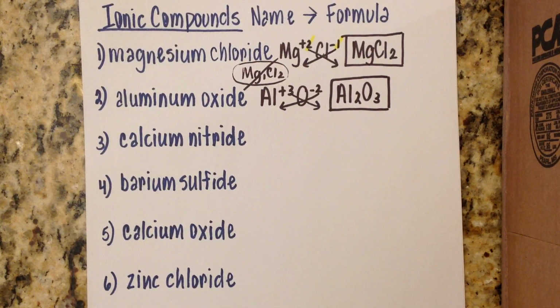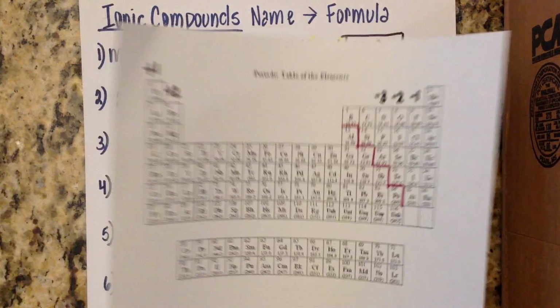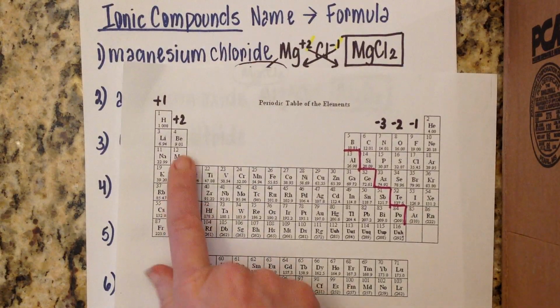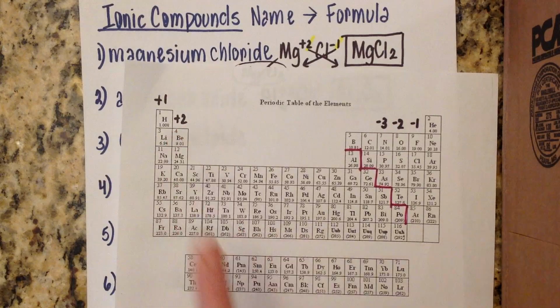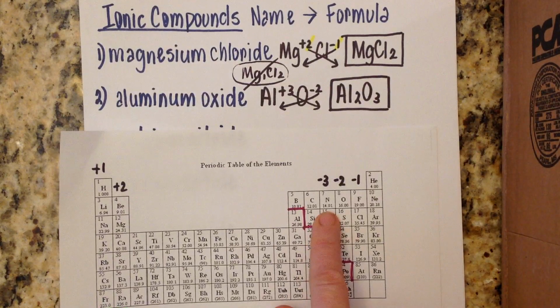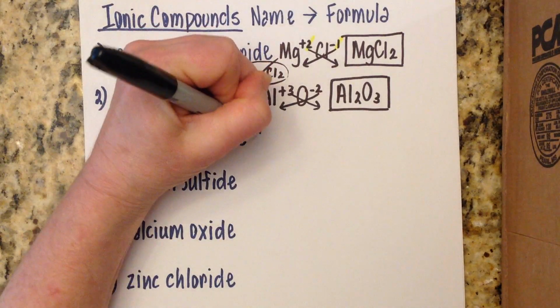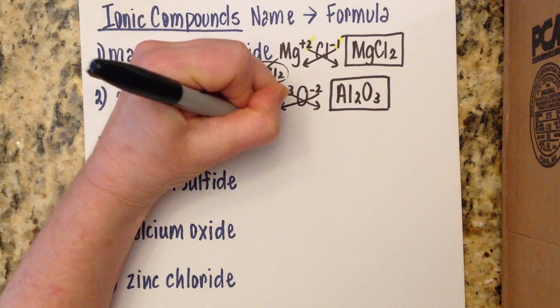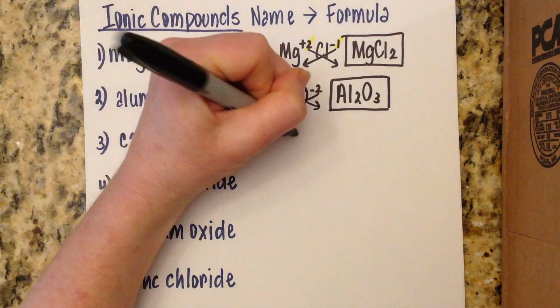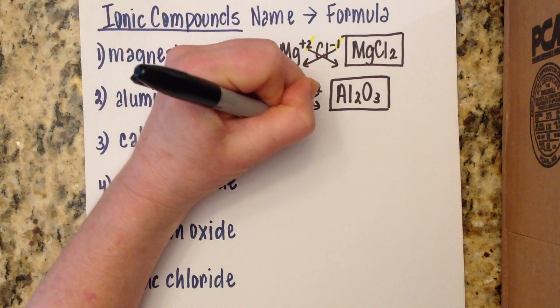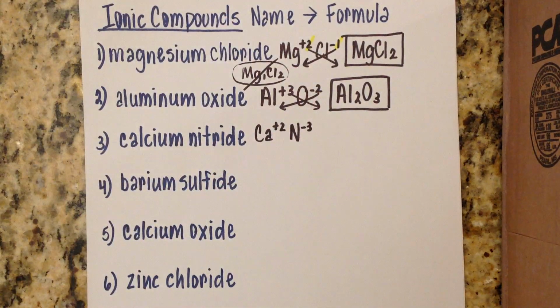Calcium nitride. So calcium has a +2 charge because it is in the +2 column. Nitride has a -3 charge. So we're going to write calcium symbol +2, then we write the nitride symbol -3.